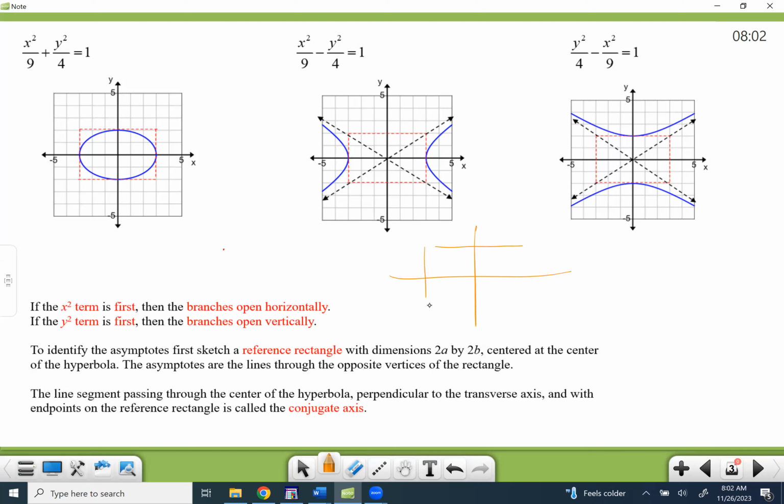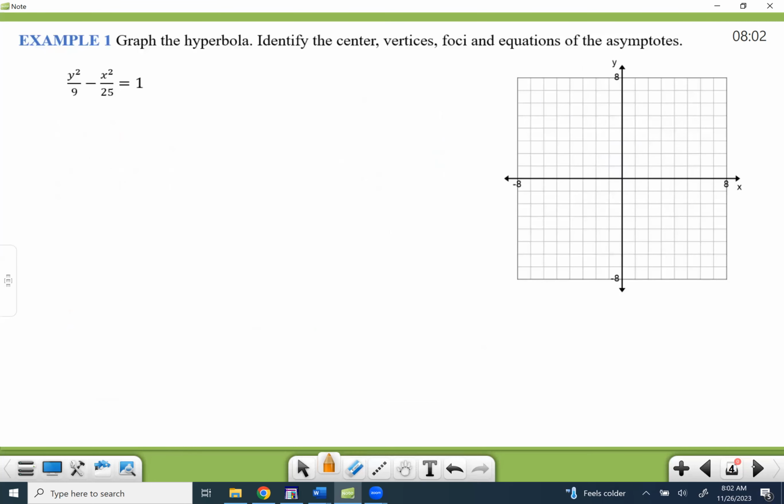Do I make a really wide hyperbola or a really skinny one? What's going to help us determine the width are those asymptotes that go through the diagonal of the reference rectangle. Okay, so let's go ahead and look at our first example.